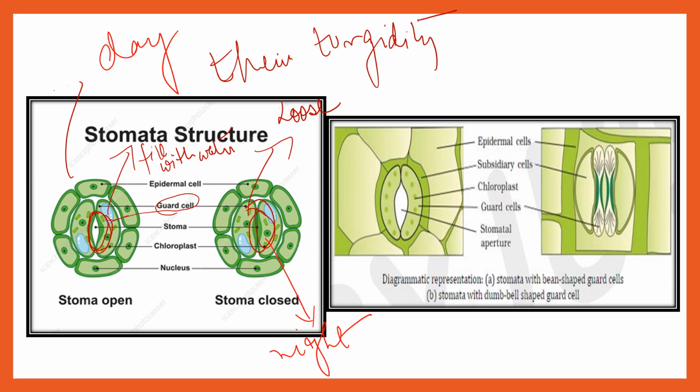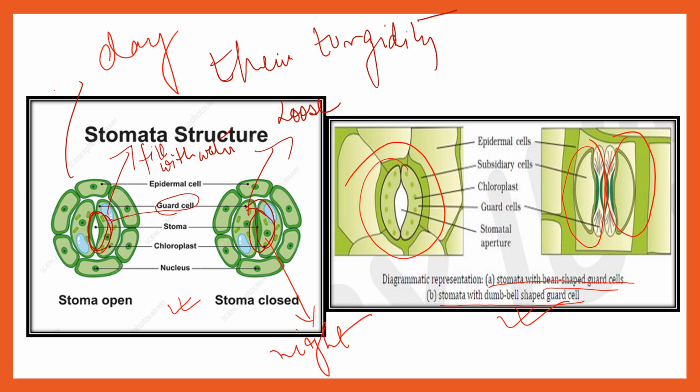Now this diagrammatic representation is stomata with bean-shaped guard cells, which is for the dicot plant, and with dumbbell-shaped guard cells, which is for the monocot plant. So there is a shape variation for both monocot and dicot plants. This is the dicot one, kidney shaped, and this is the monocot, which is dumbbell shaped.